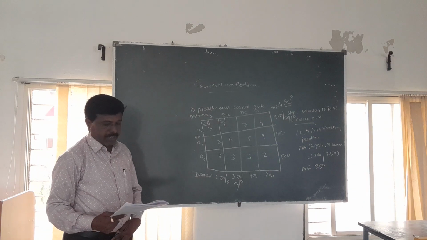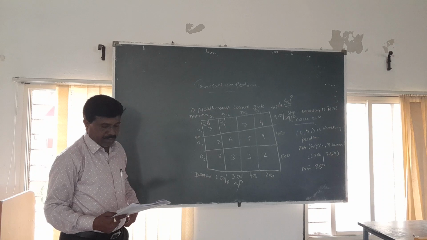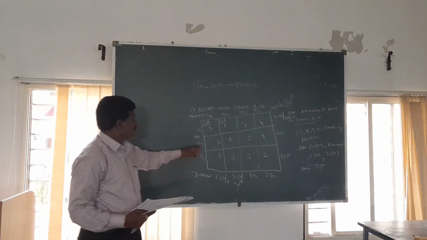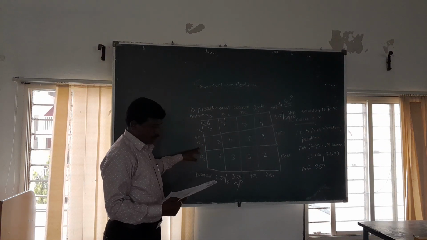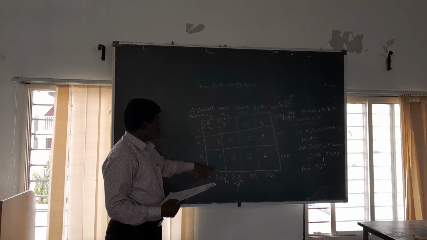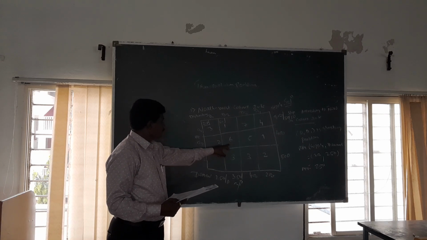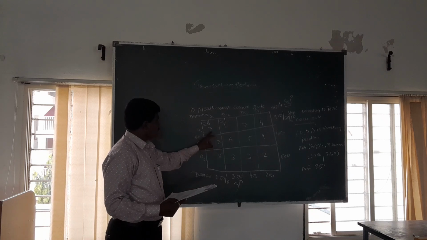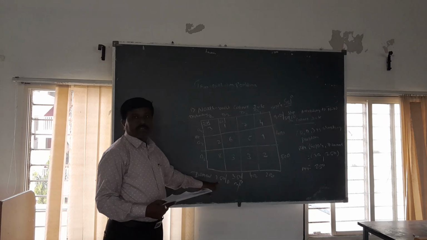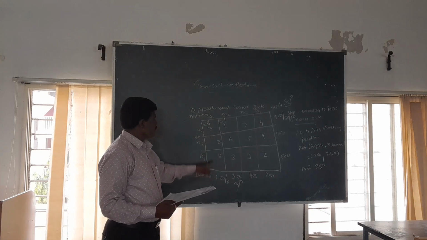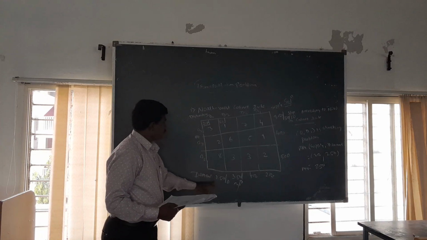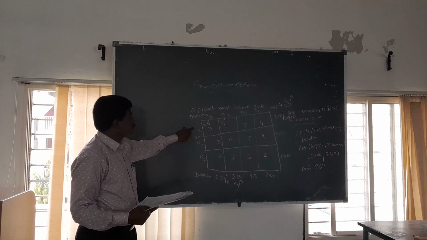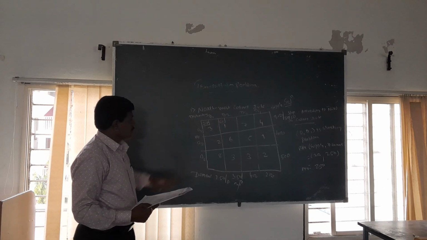For the remaining table, the northwest corner cell is O2 D2, since we have exhausted column D1 and the first row O1.